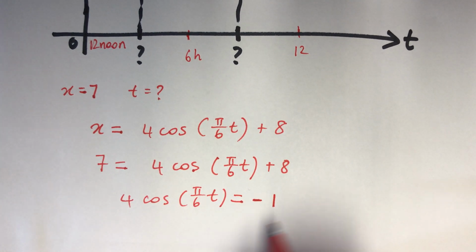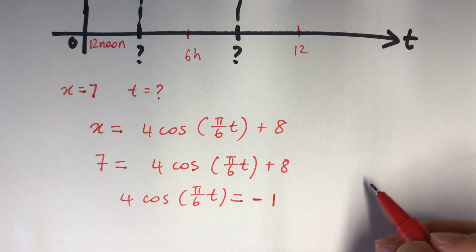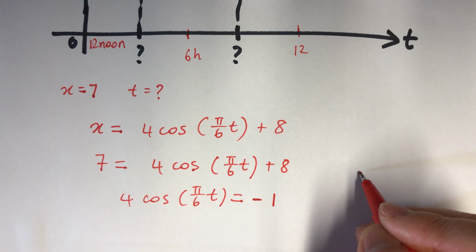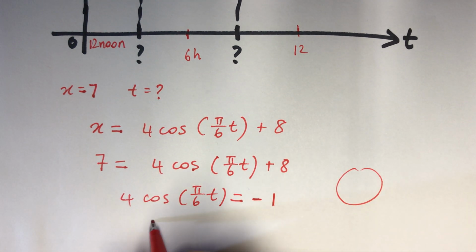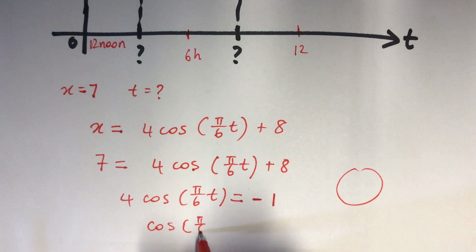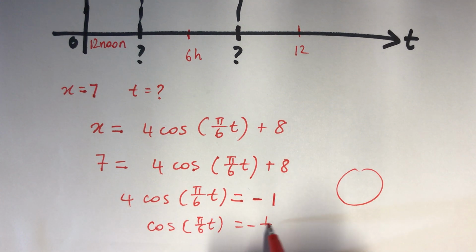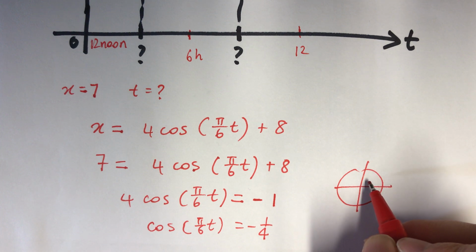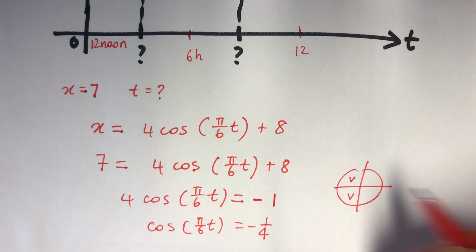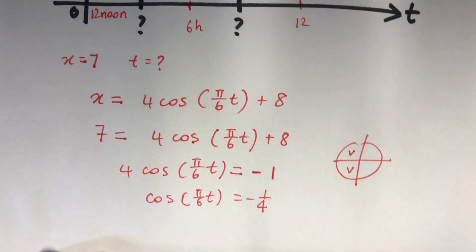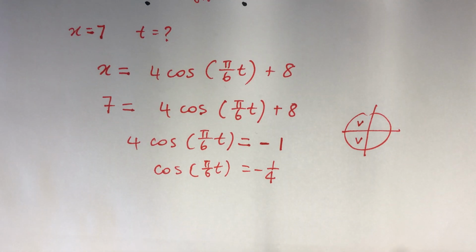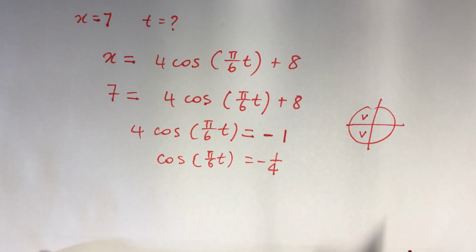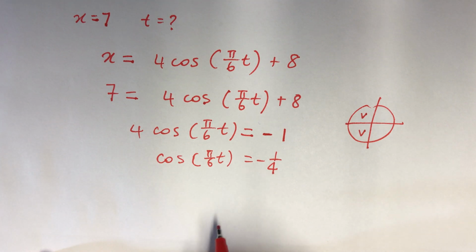Now cos(pi over 6 t) equals minus 1 over 4. When is cos negative? It is in the second and third quadrants. Okay, so let's have a look at that. And it's all in radian mode, so use radian mode in your calculator.